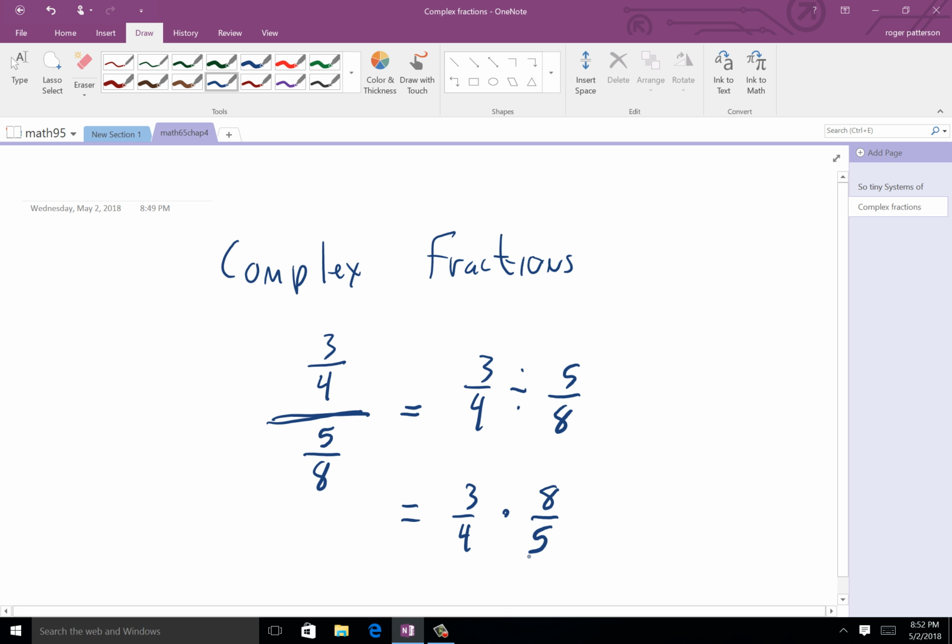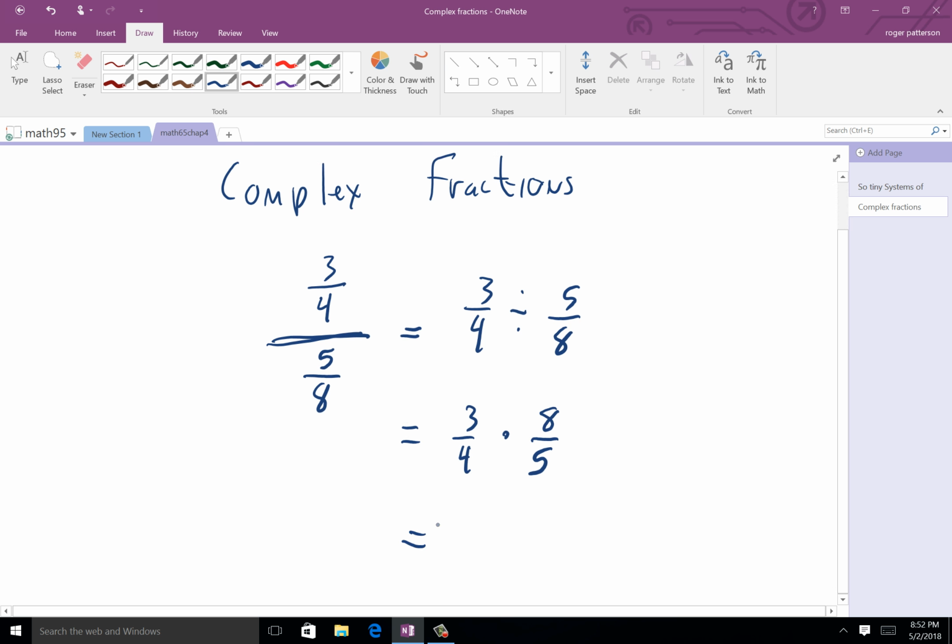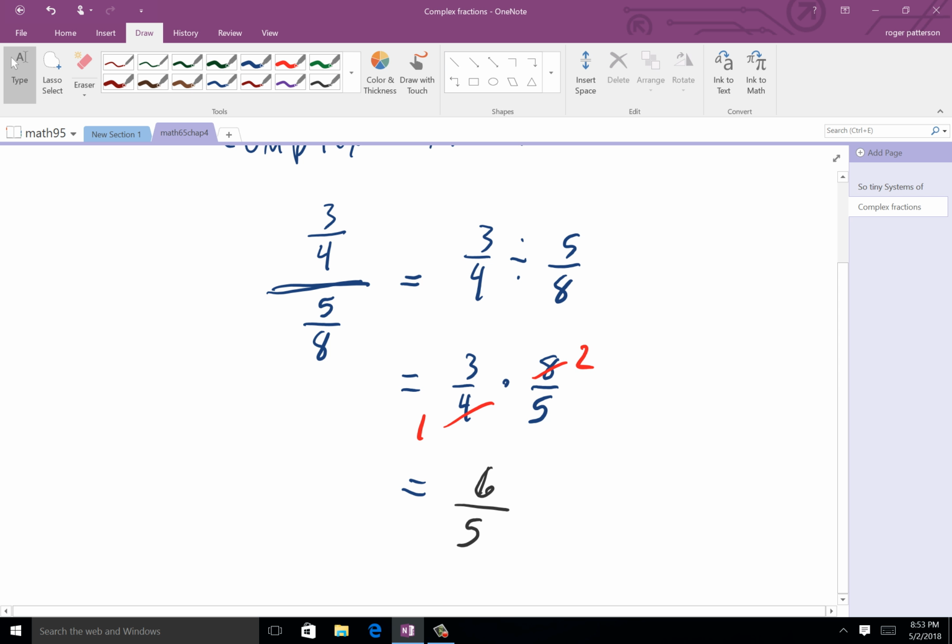Now we can multiply straight across if we want to, or we can do some canceling out here and get the answer that way. So then we have 6/5. That's what a complex fraction basically is.